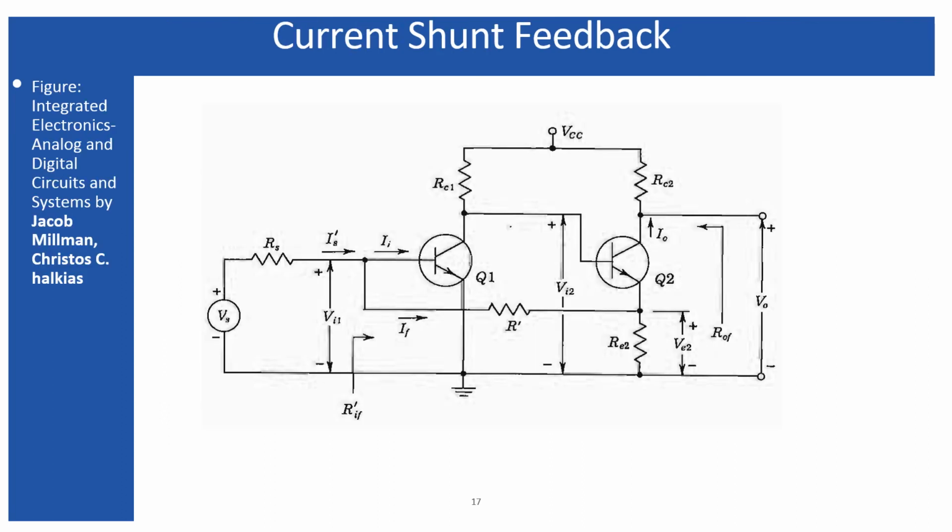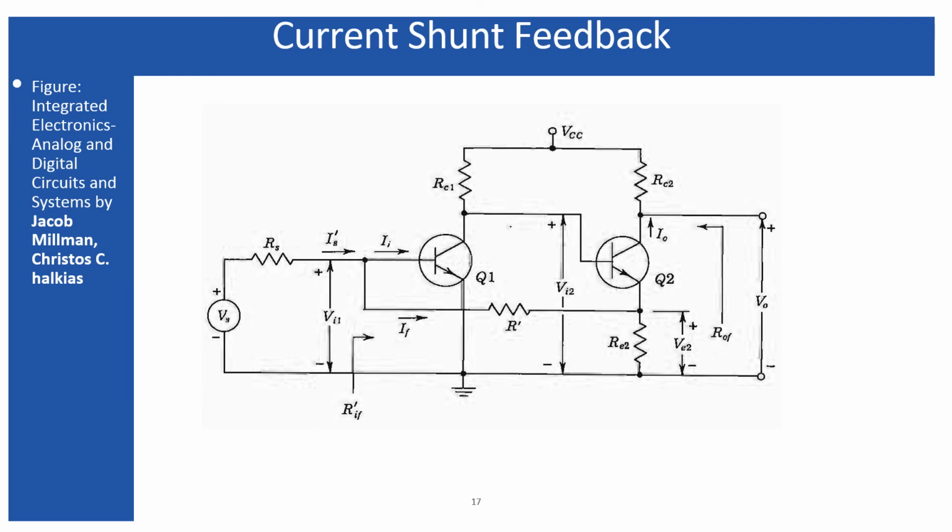And this circuit is for the current shunt feedback, and it is given to you for analyzing. In order to find all those parameters, that means the current gain, since it is the current shunt feedback, you can find the with load open loop current gain as well as the with load closed loop current gain, the input impedance, and the output impedance.